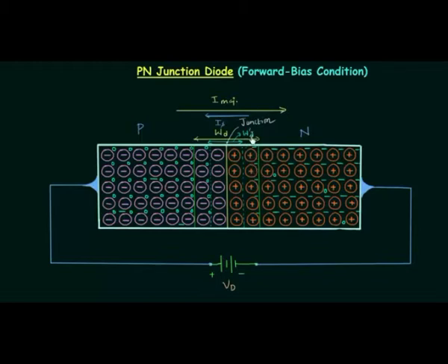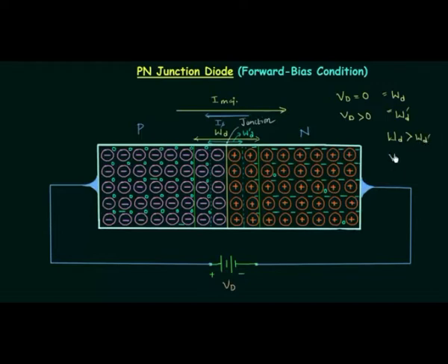So we have new width equal to WD prime, and if I compare it with no bias condition, then VD was equal to 0, and the width of depletion region was W subscript D, and when VD is greater than 0, it means it is positive. The new width is WD prime, and if we compare WD and WD prime, we will find WD is greater than WD prime.